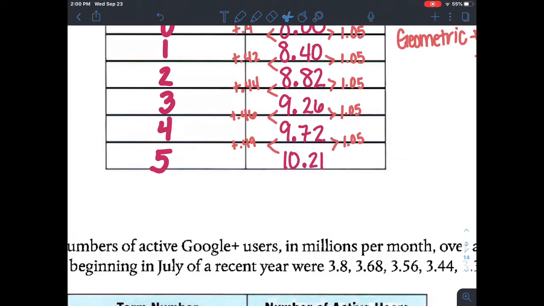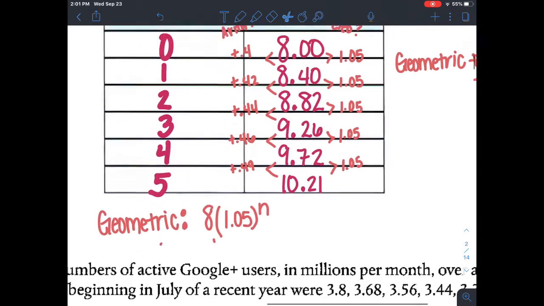So for geometric, I don't know if they give you the formula for it later on. I can't remember. Let me see real quick. I'm not seeing them giving you the formula. So it is going to be your first term times your percent change to the nth power. So it's A times B to the power x.